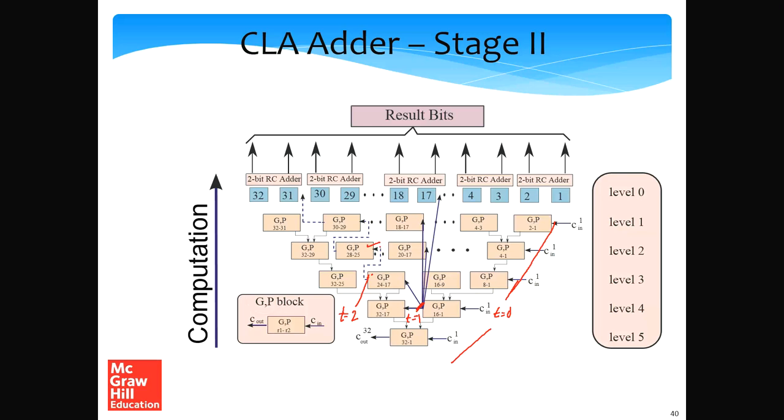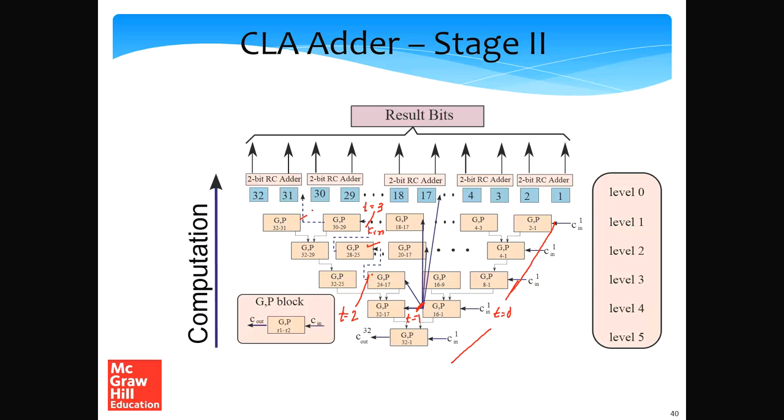So at t equal to 2, it will get the value of its carry in. Then at t equal to 3, this block will finish its computation. We'll get the carry in at this point for the blocks which look at the range 29 to 30.